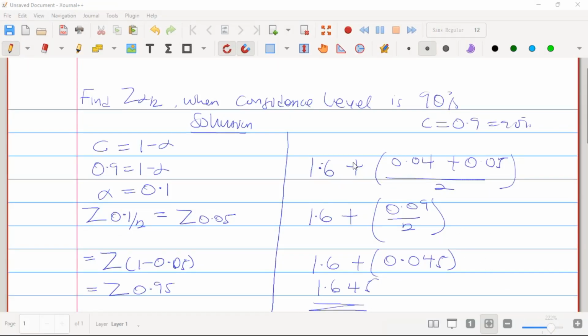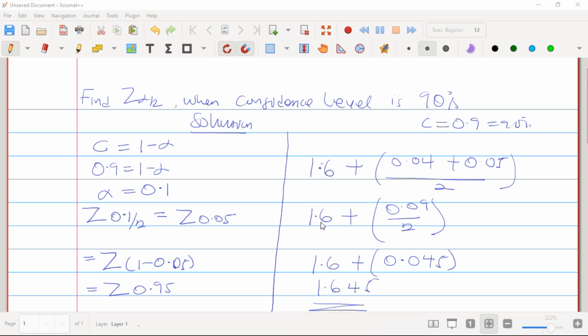So when we come here, we just write the row number, that's 1.6 plus, since it's lying between two columns, we are just going to add the 2 and divide it by 2. More or less, it's like just finding the midpoint, right? So here we are getting 0.04 plus 0.05 divided by 2.